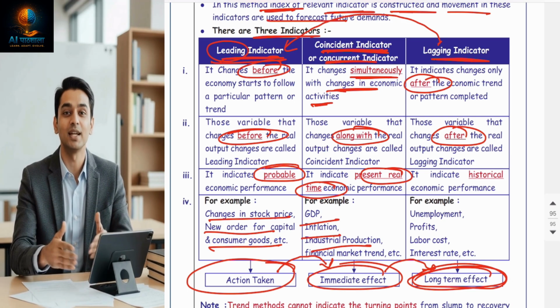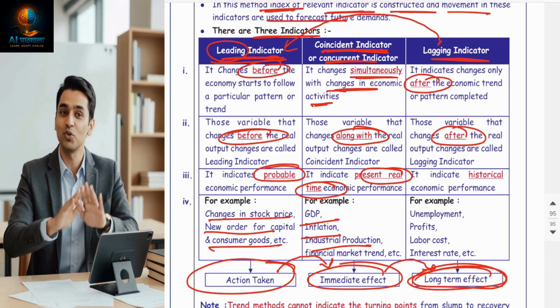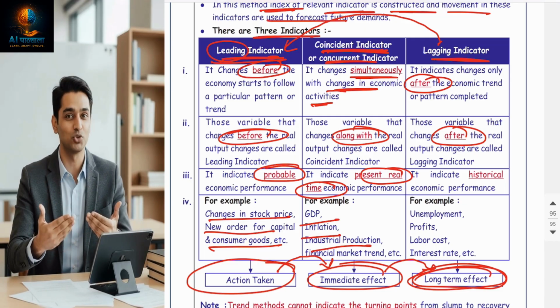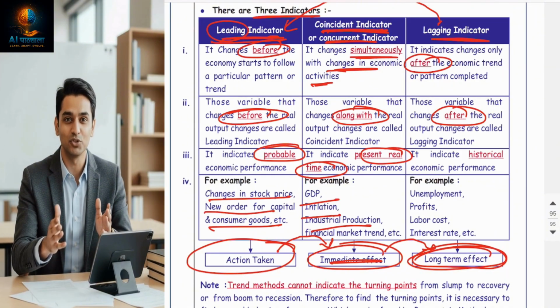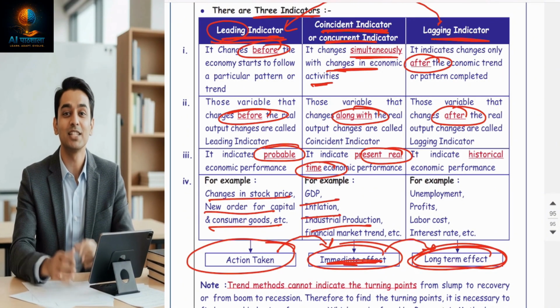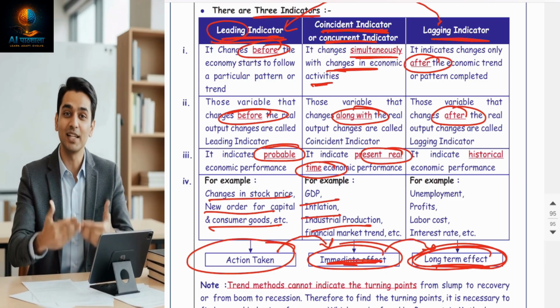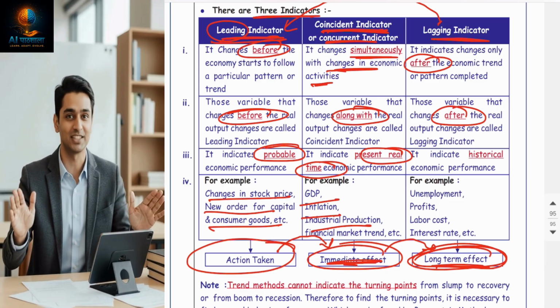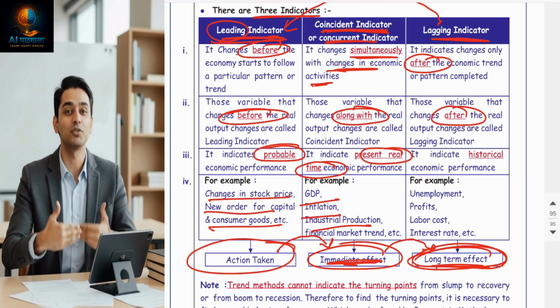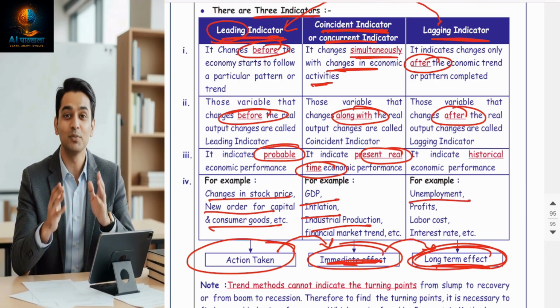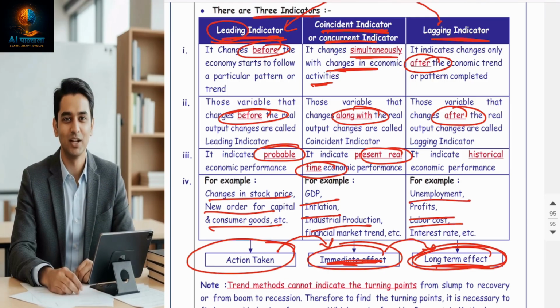So this cycle goes on. It is very slow. So the present effect is indicated by the coincident or concurrent indicator, and the long-term effect is indicated by the lagging indicator. That's why it's called lag. Examples: unemployment rates, interest rates, labor cost, etc.